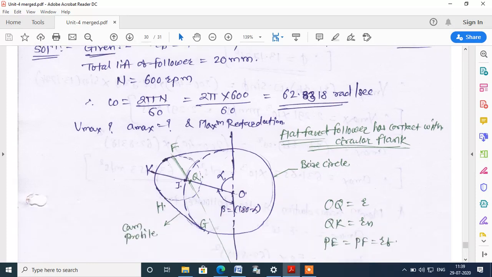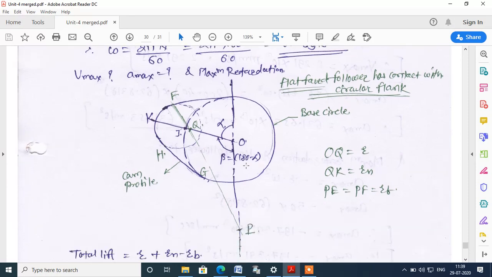So here the flat face follower has contact with the circular flank. We have seen this. Let us say OQ is R, OK is RN, and OP is RF. We have to go back to the previous figure.